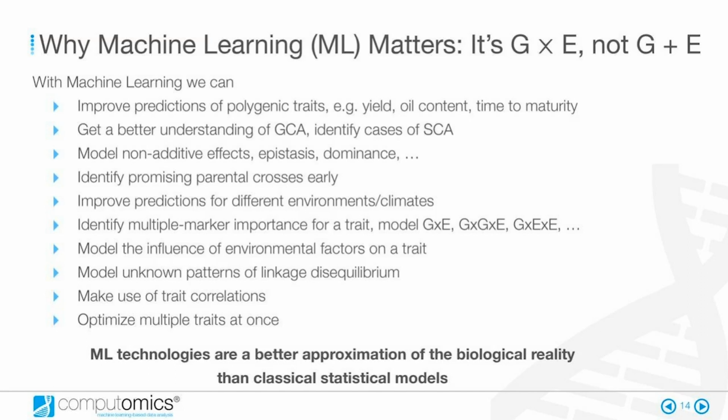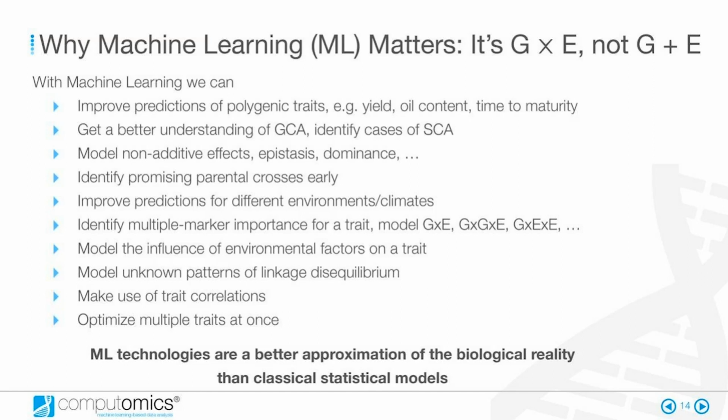In contrast to classical statistical models that use a simplified kinship matrix, machine learning approaches model the influence of each individual marker and of marker combinations on the phenotype. By doing so, they are able to model non-additive effects, such as epistasis or dominance. And we also get a better understanding of GCA and can identify cases of SCA.